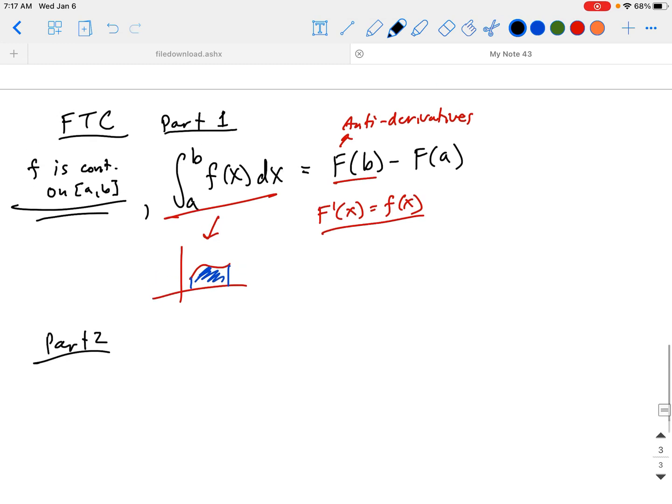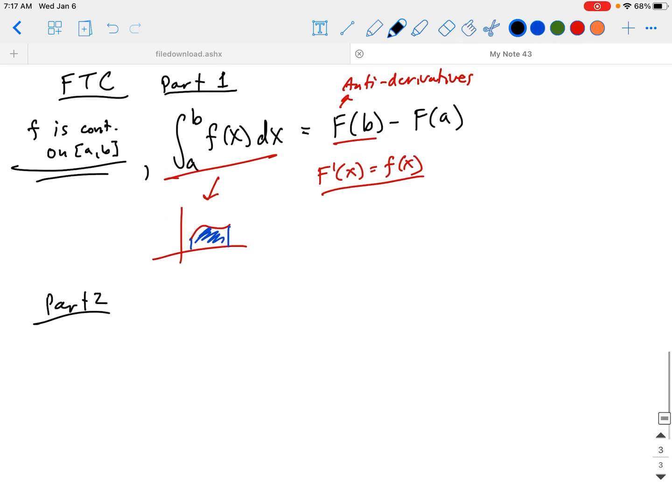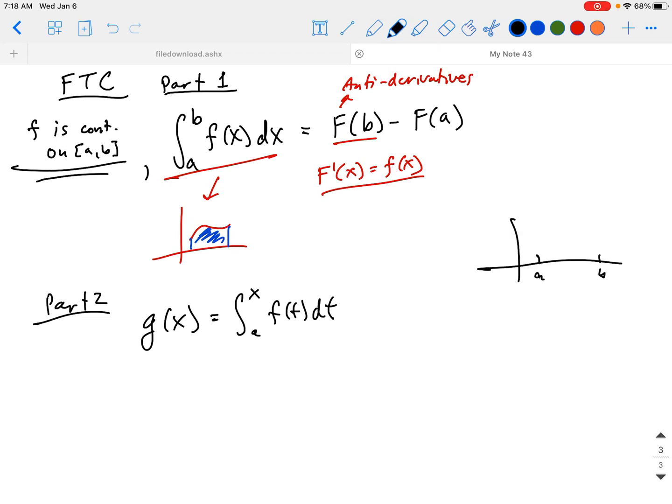And then part 2, which is also incredibly important because it allows us to define functions as integrals. So now my function is representing all of the possible areas.